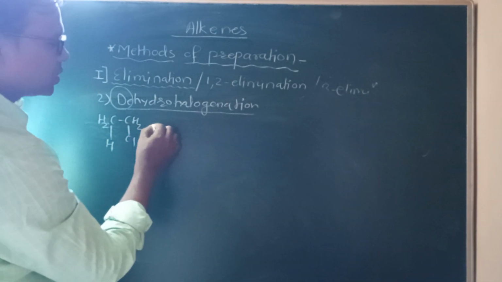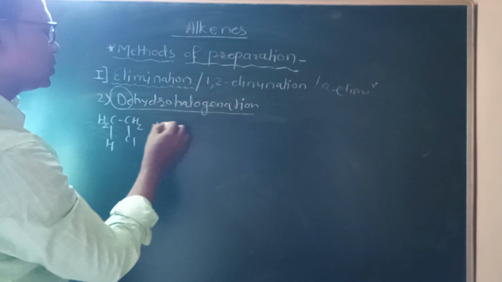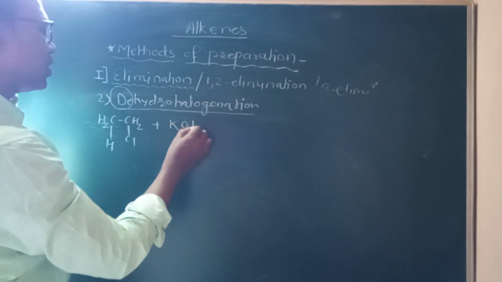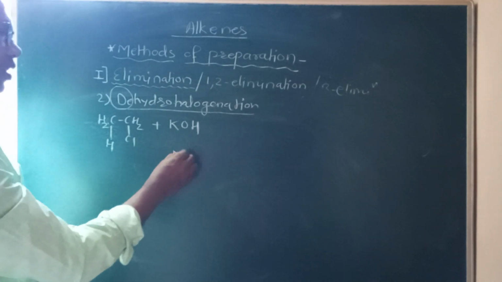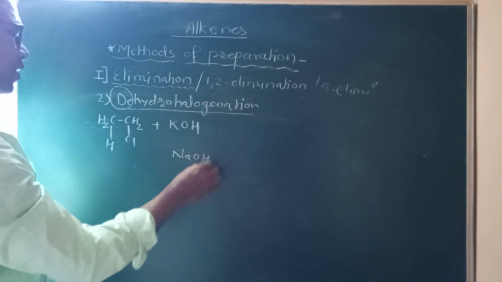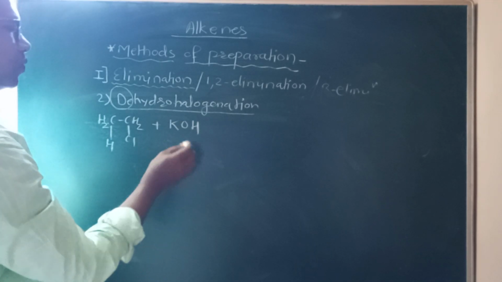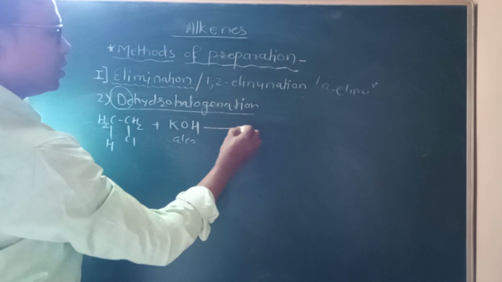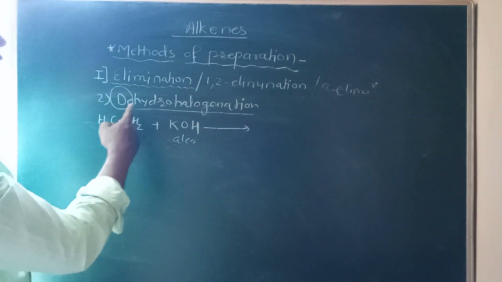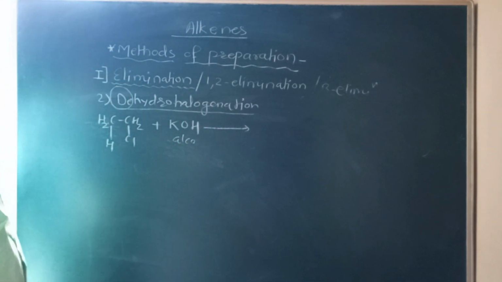Now this reaction is carried out by using an alcoholic solution of caustic potash. KOH is called caustic potash, and NaOH is called caustic soda. Here the solvent plays a very important role. In alcoholic medium only, this alkyl halide undergoes the dehydrohalogenation reaction, that is the elimination reaction.